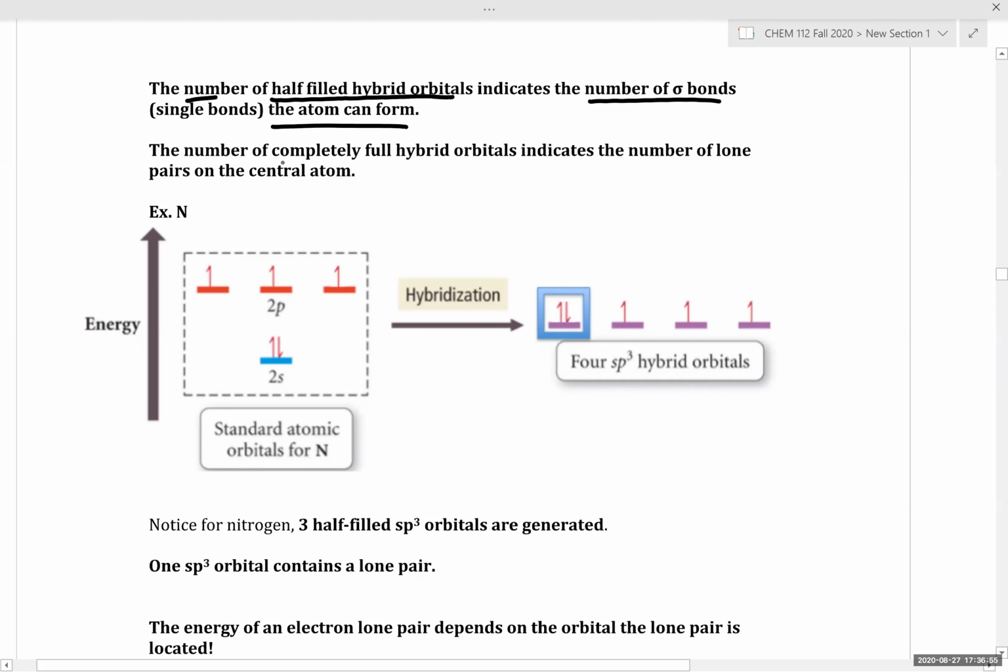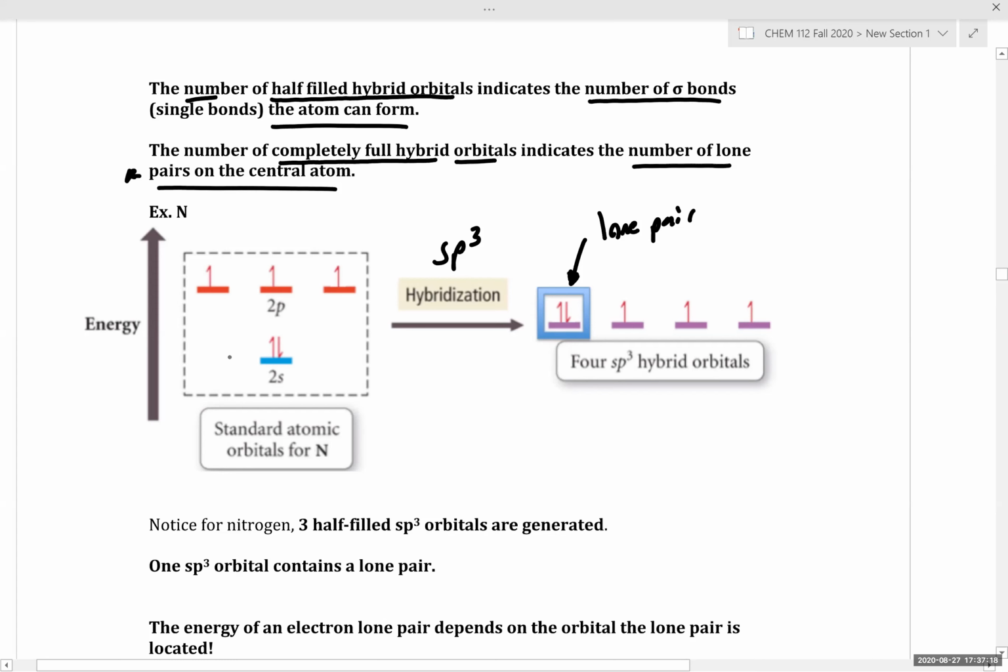So the number of completely full hybrid orbitals also serves to indicate the number of lone pairs. So looking at nitrogen, assuming it adopts an sp3 hybridization, this time we have a full hybrid orbital. And this full hybrid orbital represents a lone pair.